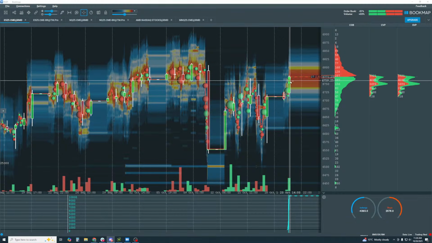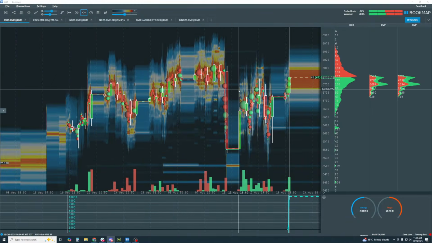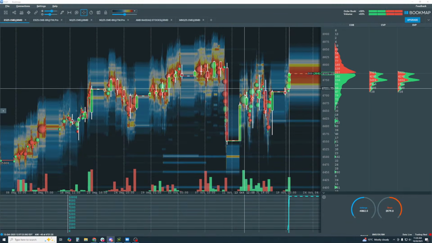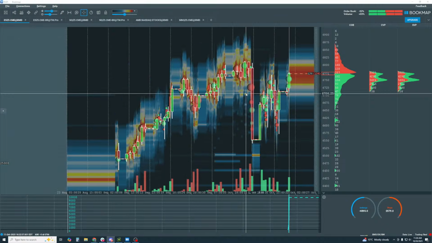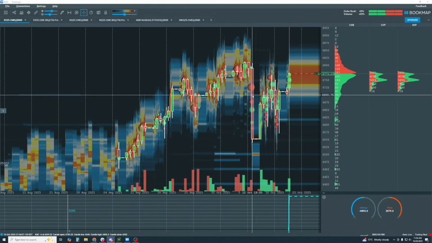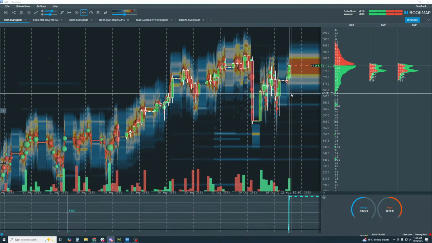Yeah. I'm in 7.6, right? And I'm able to zoom out. Now, maybe it's just because you're looking at rhythmic data, you won't get this, but with Bookmap data, we do. So try that.